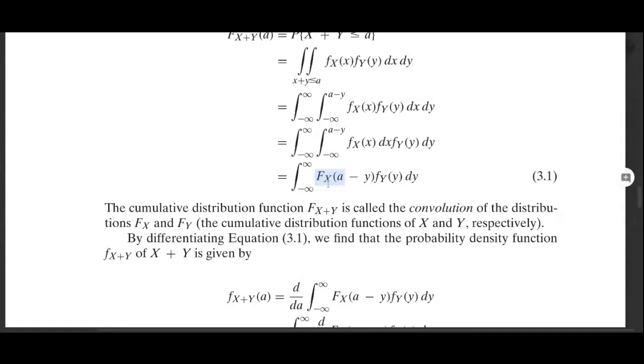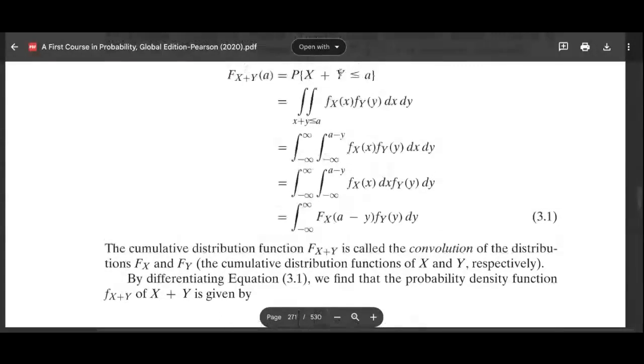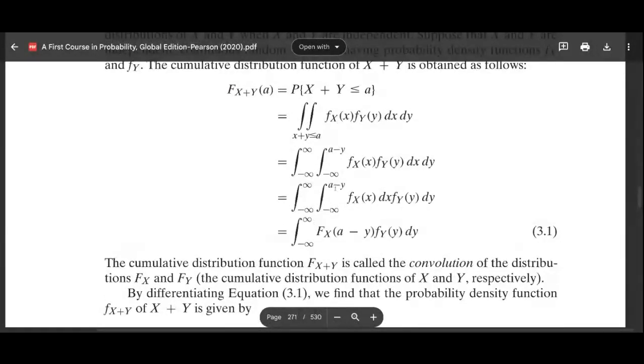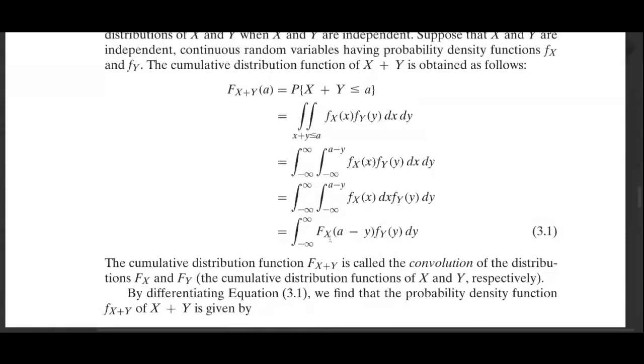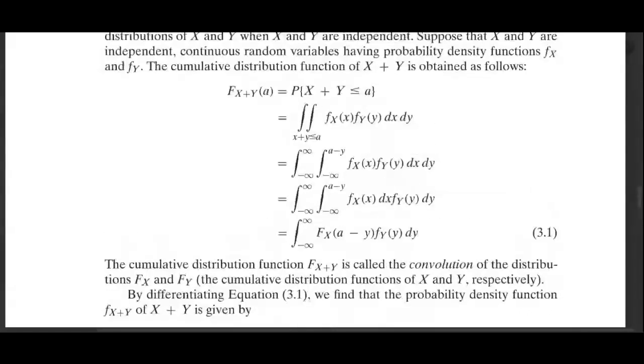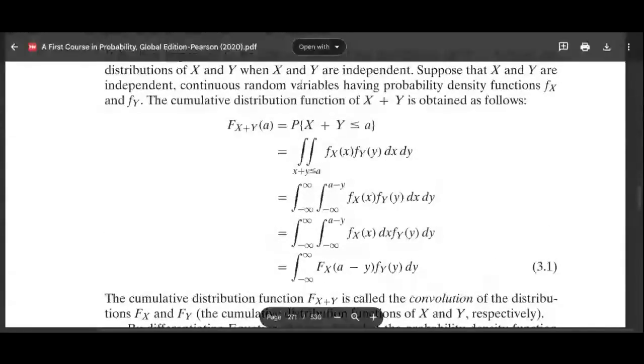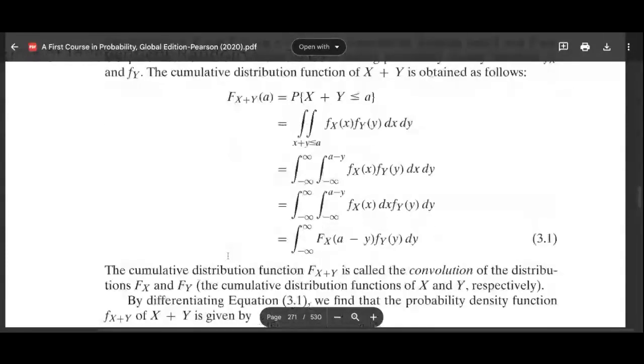Capital letter F to represent X, takes a minus Y as the input, then integrated against the Y distribution. Well, you could argue it's the same for Y. We could write it in another way. We could write this one as f_Y of a minus x, f_X of x, then dx. Because X and Y are equally weighted and they're independent.